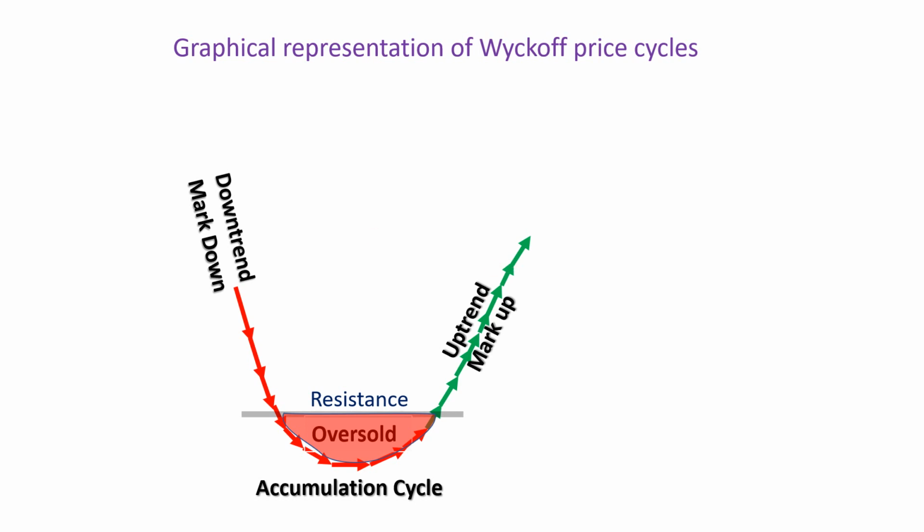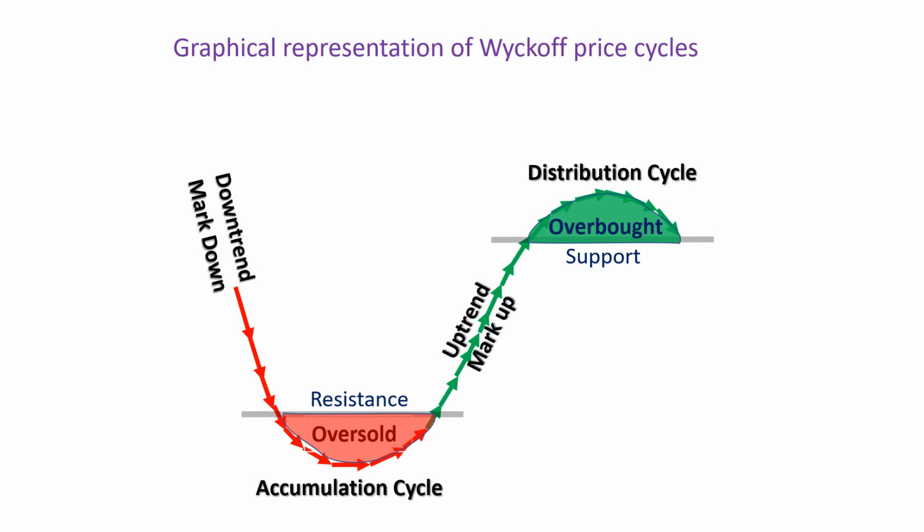Let's see what happened. So the trend continues going into range and consolidation. Wyckoff suggests this area as an overbought area. This is the resistance area, and that is the distribution cycle.